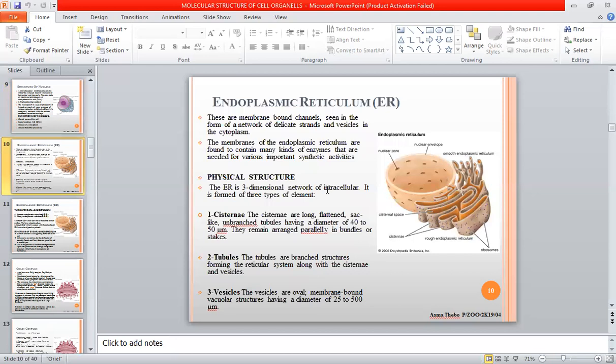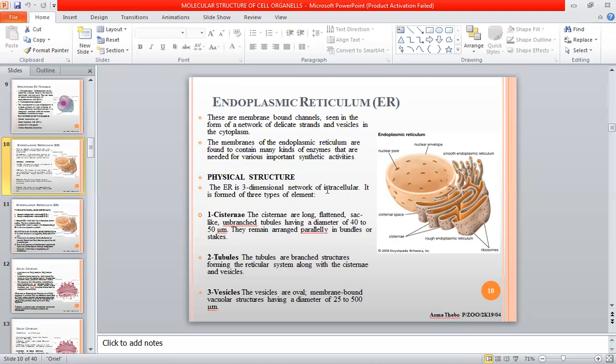Second is the endoplasmic reticulum. These are membrane-bound channels which run from the nuclear membrane up to the plasma membrane. The membranes of the endoplasmic reticulum contain different types of enzymes which play various synthetic activities. The physical structure of the endoplasmic reticulum consists of cisternae, tubules, and vesicles.